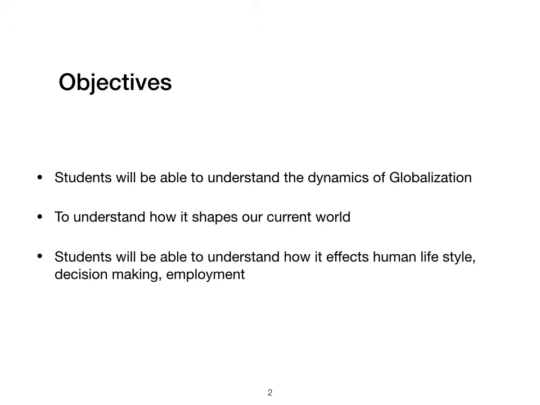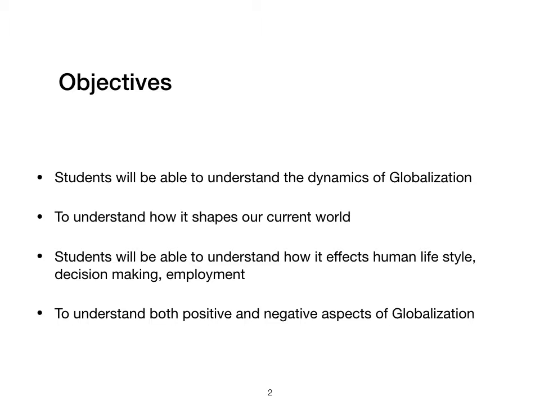They will also understand both the positive and negative aspects of globalization. Along with explaining the term globalization, we are going to have a detailed session on the impact it has on global economies, on cultures, how it's affecting us, and what the pros and cons of globalization are.